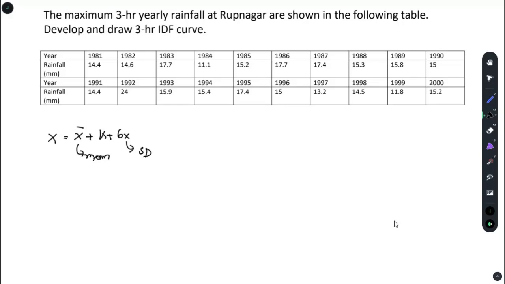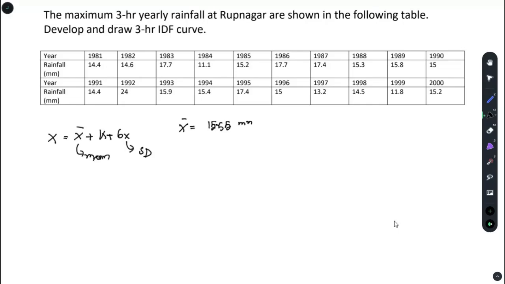We'll find that by adding all the values of rainfall and dividing by the frequency, and we get X bar equals 15.55, and it's in millimeter.